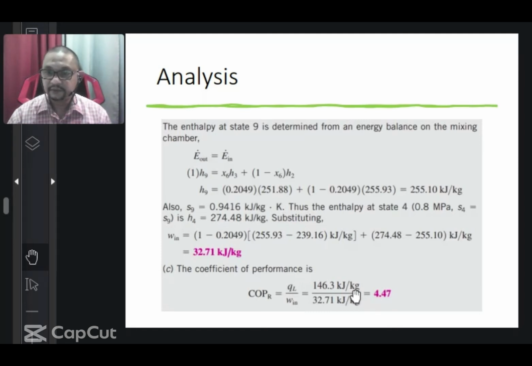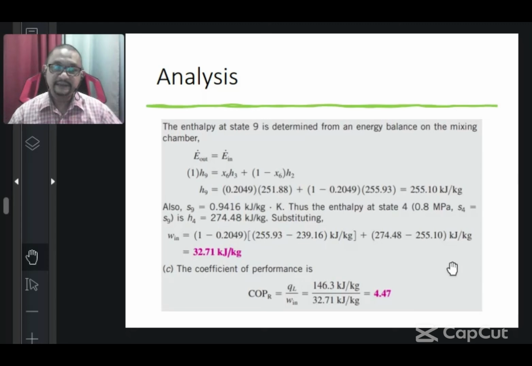So the unit is per kg. So from here these two units can be determined. So substituting all the values in these equations, then we will get the COP for this system is 4.47.